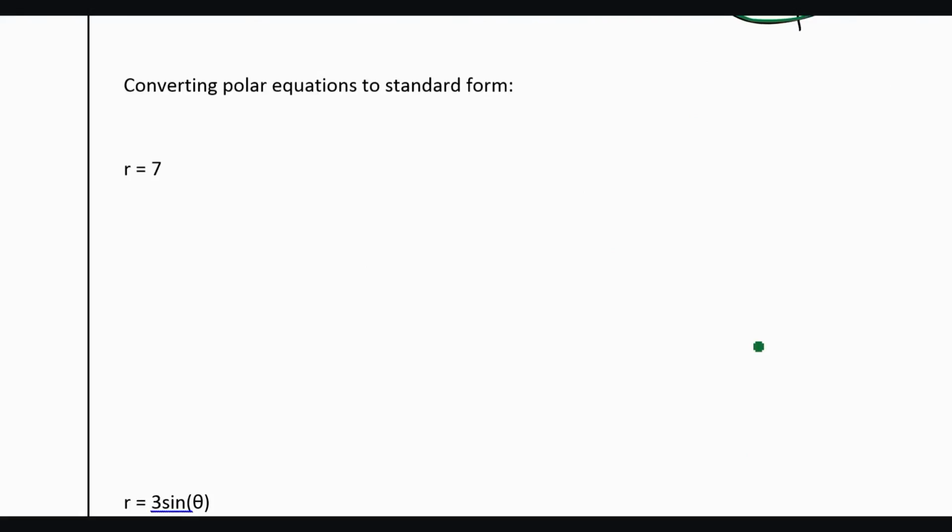Okay, now we want to go the other way. We want to convert polar equations to rectangular form. So remember, we have r equals the square root of x squared plus y squared, x equals r cosine of theta, and y equals r sine of theta.